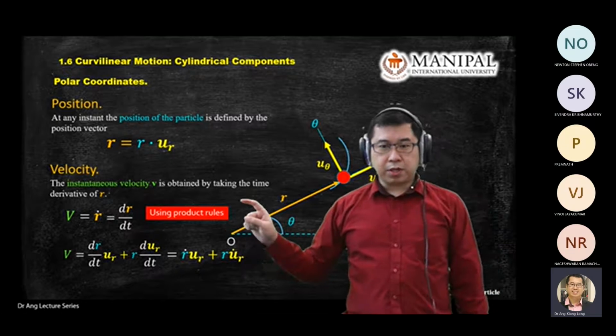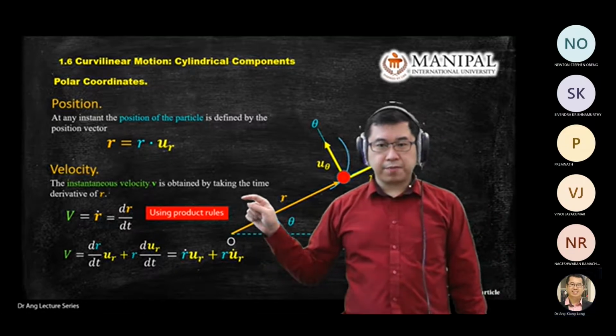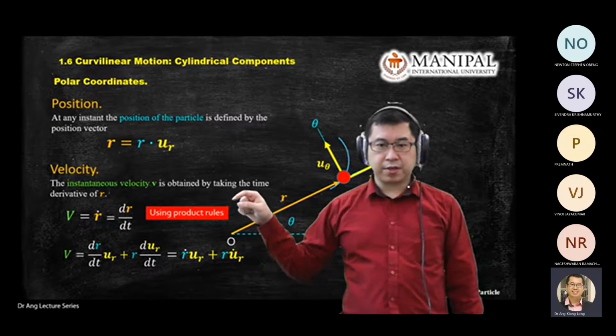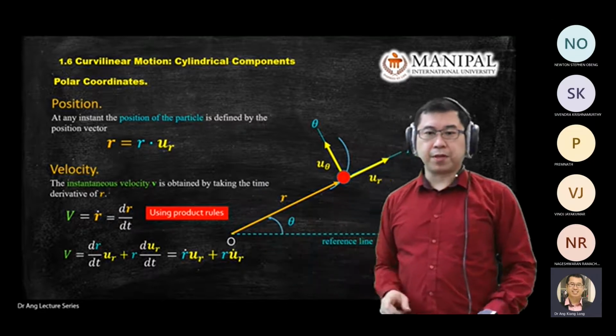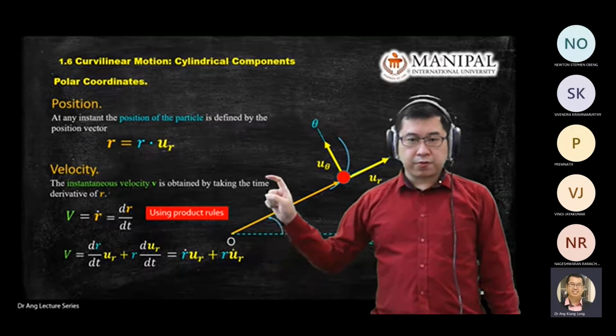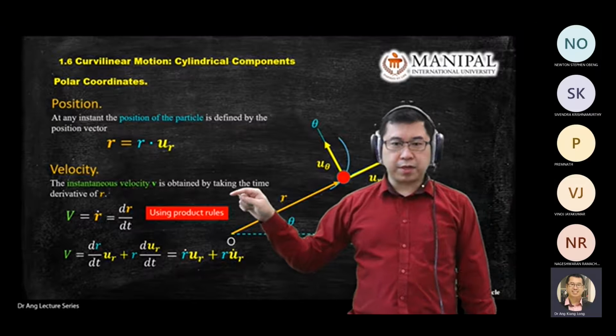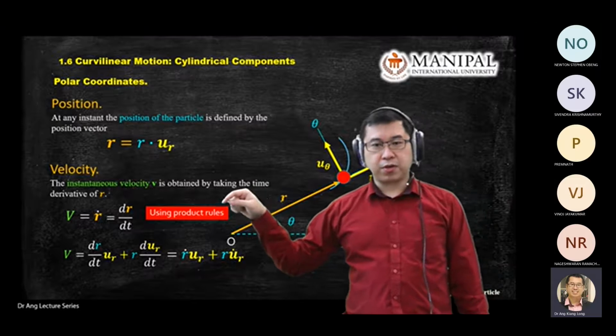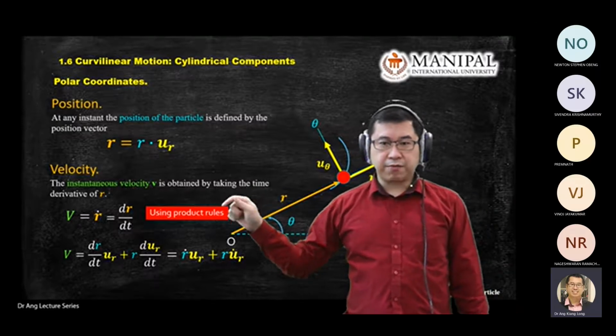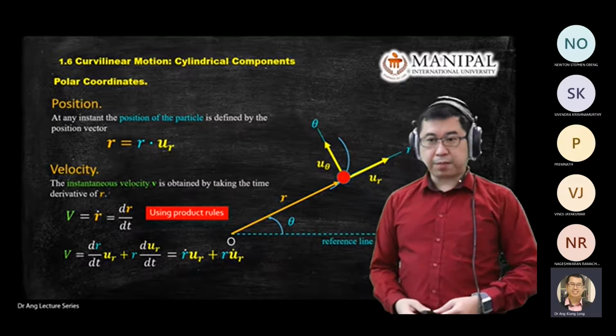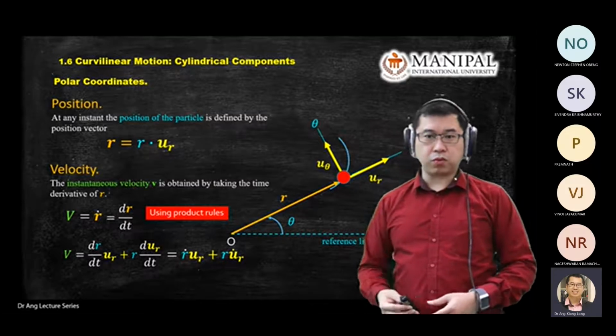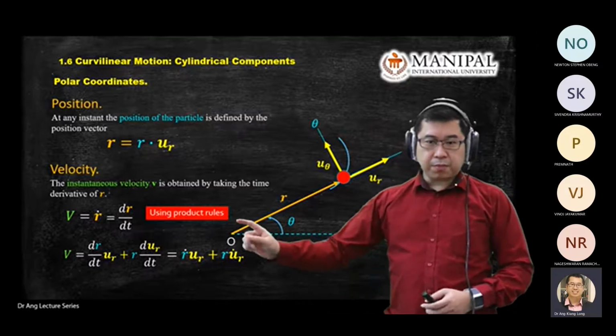And you need to polish up the differentiation under product rules chapter. So for chapter 1, you need to recall or refresh your understanding of the differentiation chapter in your Mathematics 1 or 2 about product rules.